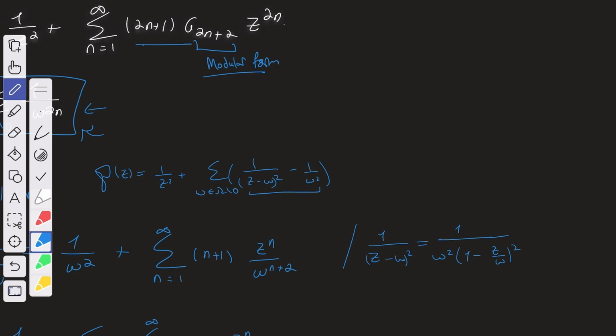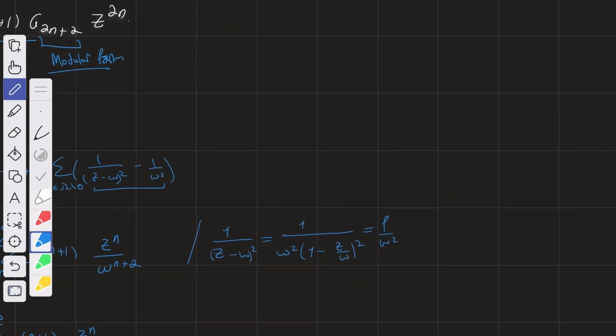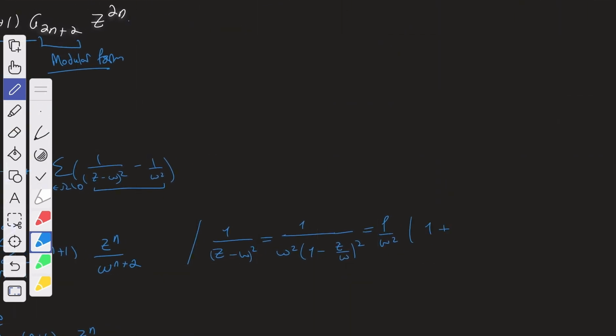And it's actually an elementary fact that this will be 1 over omega squared times the sum of 1 plus the sum of (n plus 1) times (z over omega) to the n, as n goes from 1 to infinity. Let me just justify this here. This is the case because it's just a derivative of a geometric series.